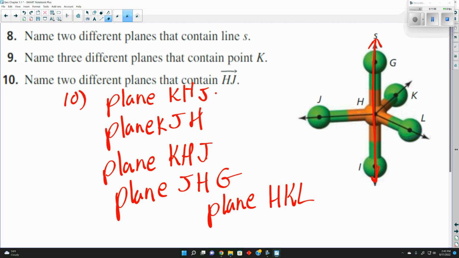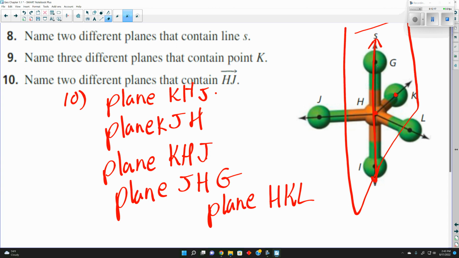So what we can say is, GHK was one of them. So I can make a plane that contains those 3 points. And we would name it plane GHK. And it would extend out through those points. Does that make sense? And that's what we're doing with those 3 letters.